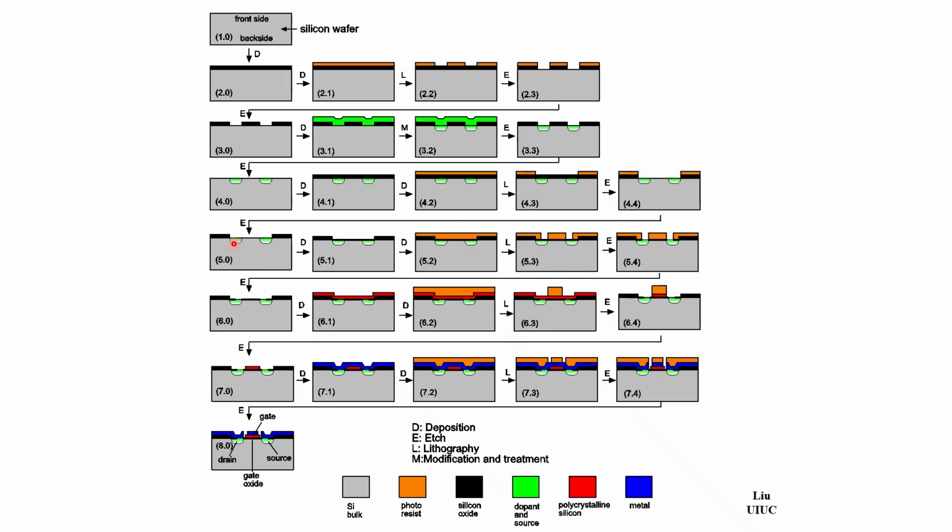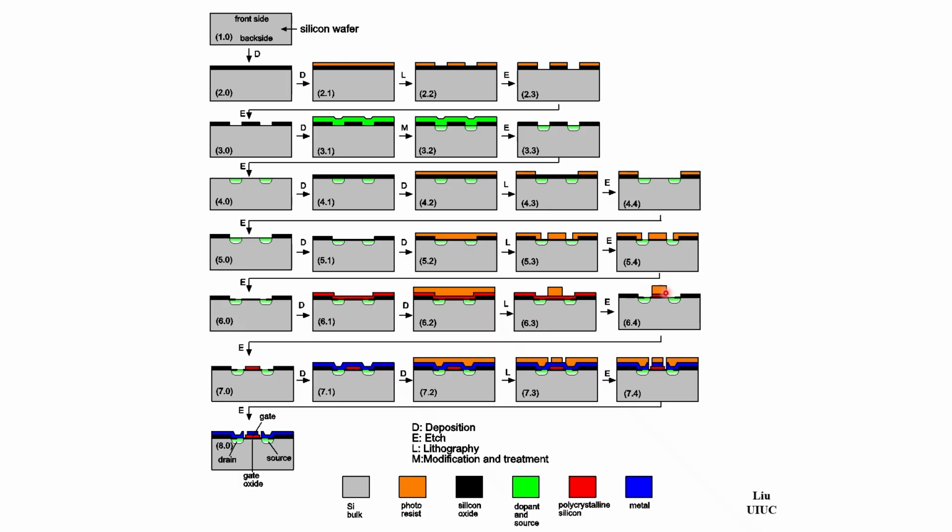Then we grow a very thin selective layer of high quality oxide. After that, we deposit a metal layer, and this again is patterned by yet another layer of photoresist. And after that, we cover it with another layer of photoresist and pattern it again.